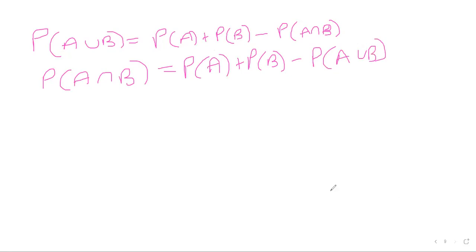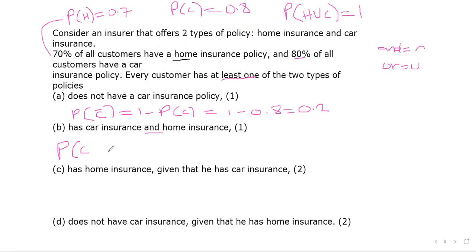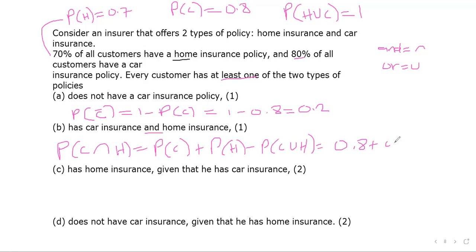So if we're going to actualize this, the probability of car insurance intersection home insurance is equal to what? Probability of car plus probability of home minus probability of car union home. So car was 0.8, home was 0.7, the union set was 1.